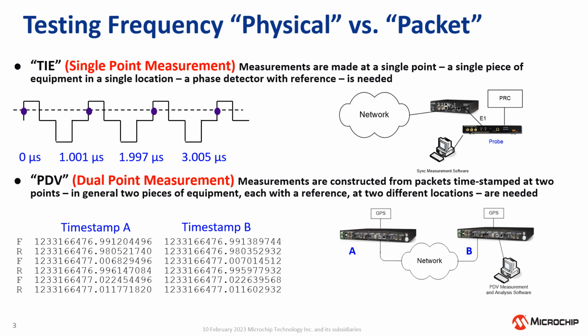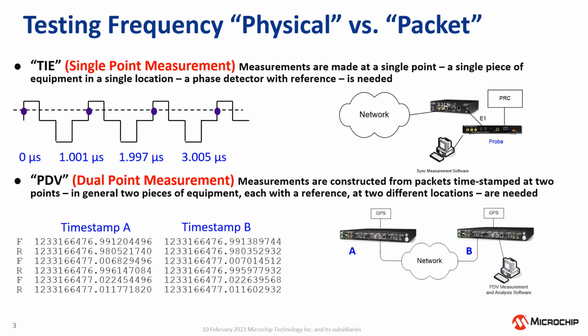It is useful to look at both testing of physical signals and packet signals and get some feeling for what's going on when we're testing packet networks. I start here with a diagram of a physical signal. Nominally a 10 megahertz signal there is shown with timestamps on the rising edges.